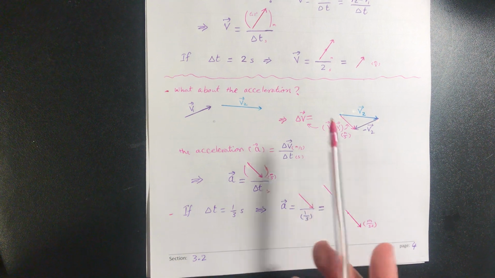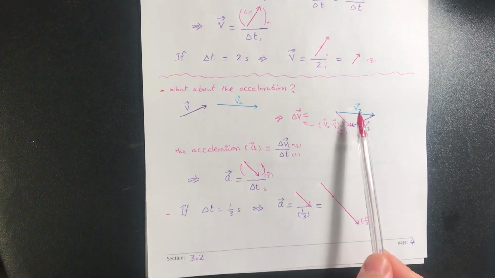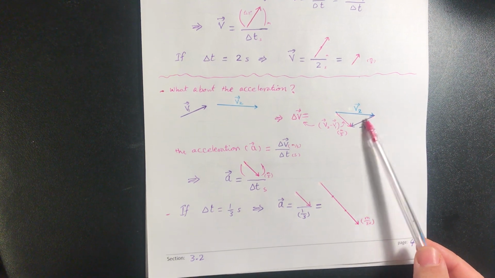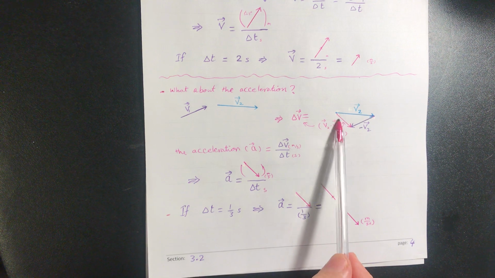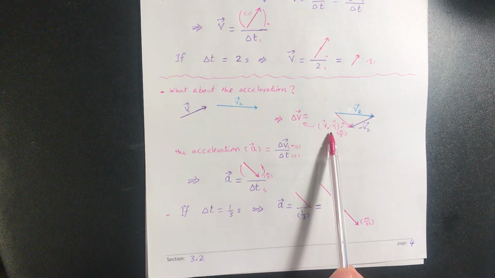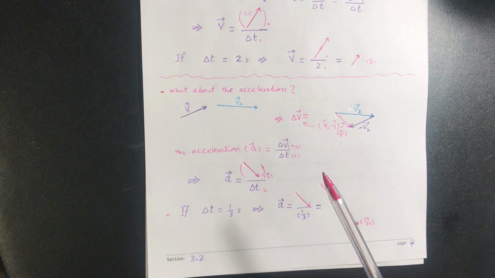What is delta v? Delta v is v2 minus v1. This is v2, this is negative v1. We need to add them together. This is the resultant vector, which is delta v, v2 minus v1, and its units is meters per second, as we know from before.